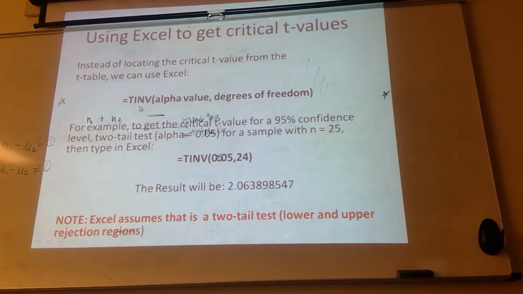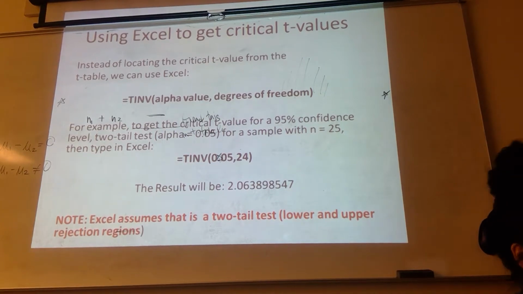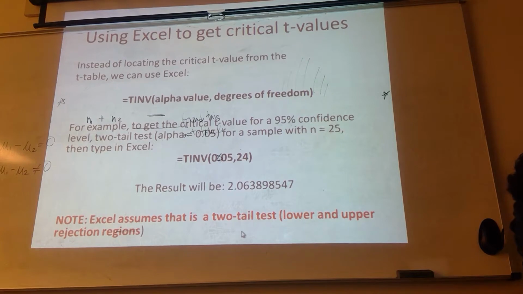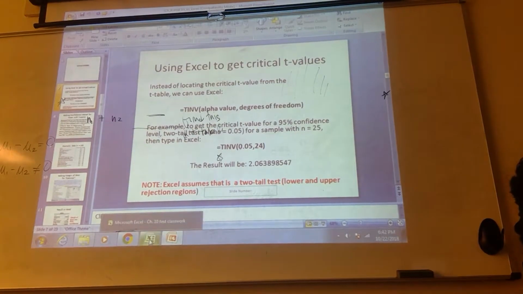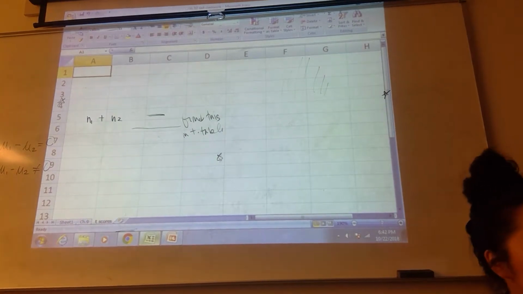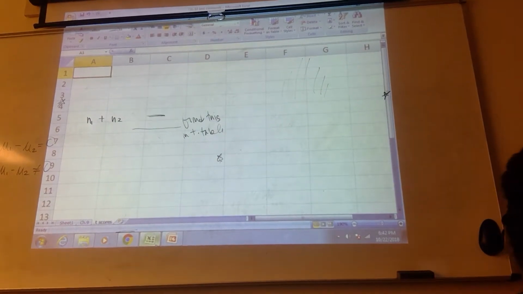It's TINV, and notice it just needs the alpha value and the degrees of freedom. Let's do a couple of them. Excel is assuming that you're doing a two-tailed test. So we'll do the one that they do in Excel, and then a couple of other ones.